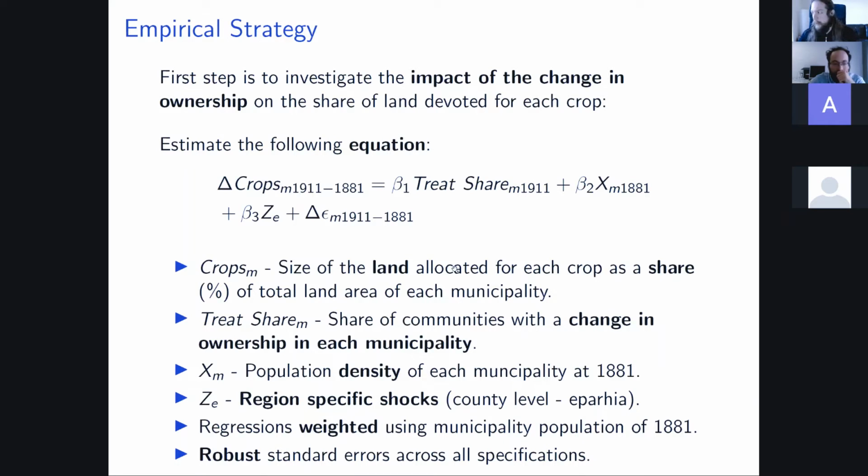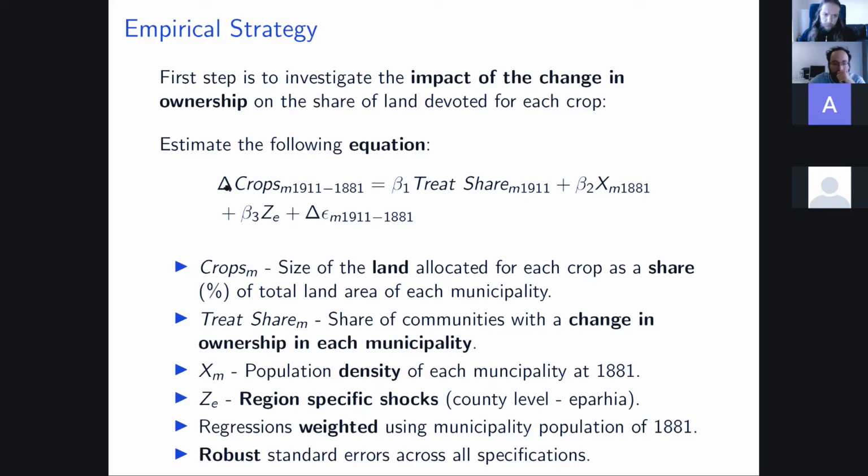The first step here is to investigate the impacts of the change in ownership, so our treatment, on the share of land devoted to each crop. So this is essentially simple OLS, in the sense that we don't have differences for the treatment share, we just assigned it in a quasi-random way.